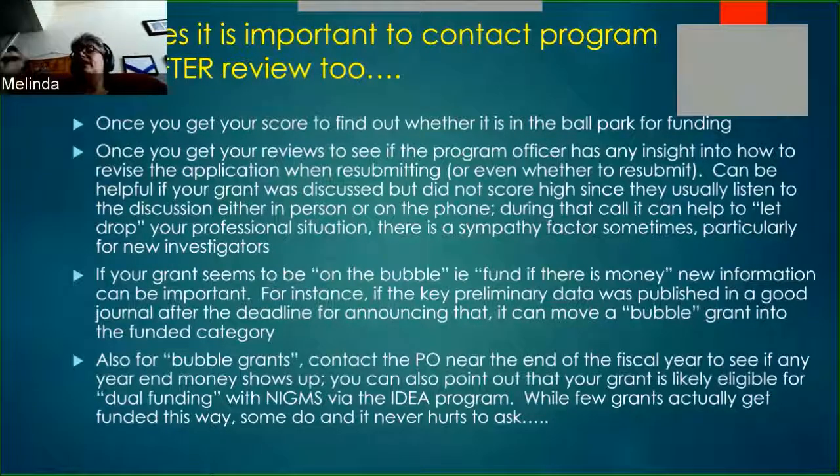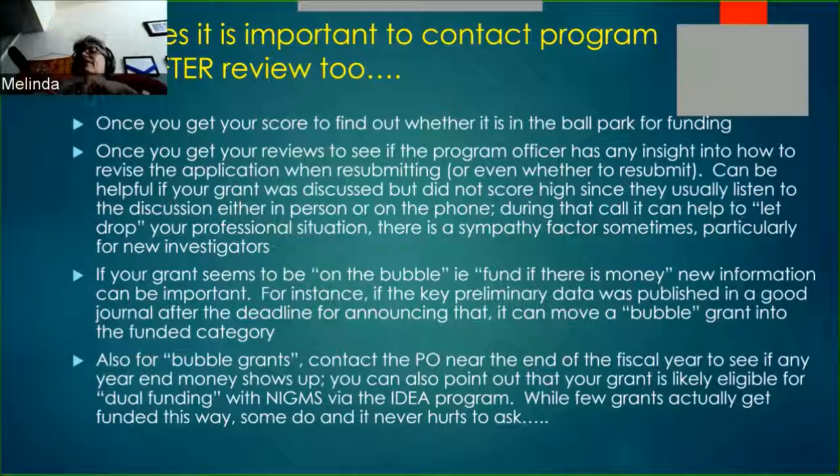Another place that for everybody on this call is really important is that you can point out that your grant, when you talk to them, is eligible for dual funding with NIGMS via the IDEA program. NIGMS does have some money set aside to fund meritorious grants submitted by investigators at an IDEA stage. And NIGMS will either solely fund the grant or will say to the Institute, I'll tell you what, we'll fund half of it if you fund half of it, because this is somebody we want to see funded because they're working in an IDEA stage.